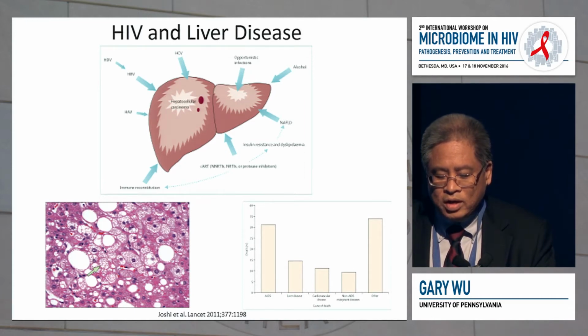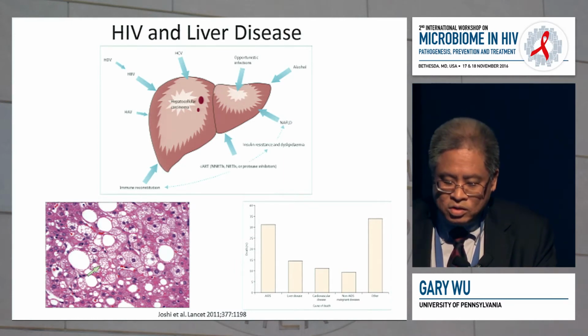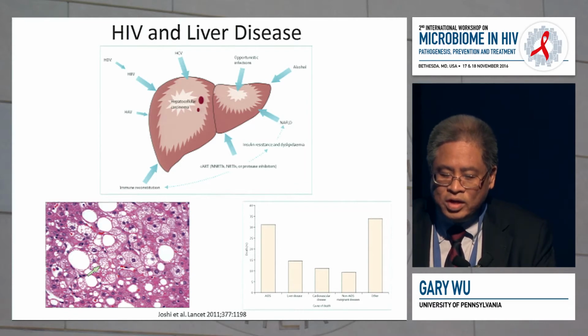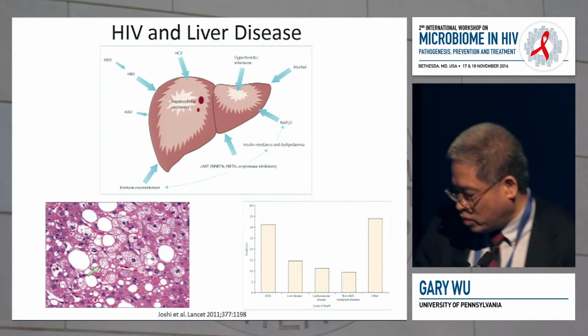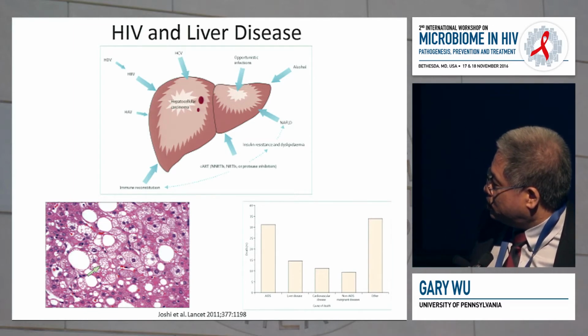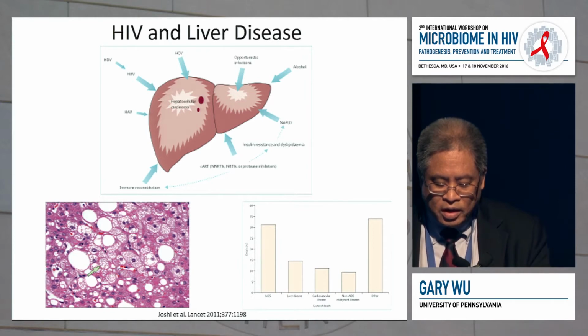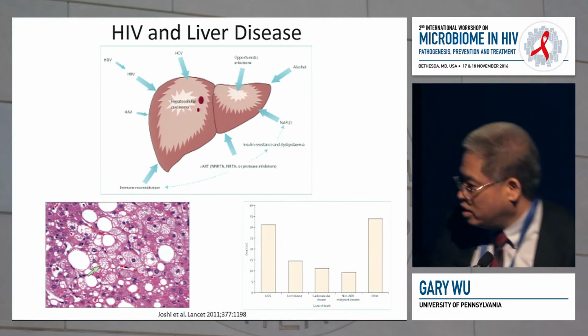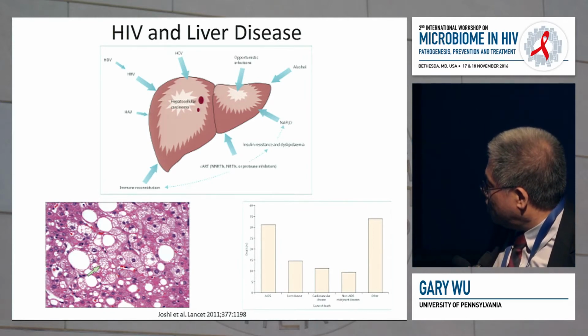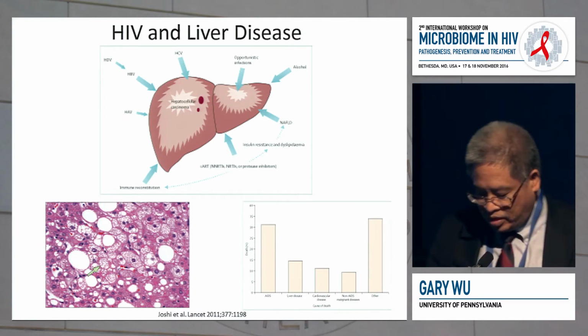But we do know that HIV is associated with liver disease, and protease inhibitors can lead to insulin resistance and lipodystrophy and fat in the liver. So I show you on the bottom right-hand corner here just a picture of macrovesicular steatosis with minimal inflammation, but the burden of liver disease leading to death is actually not insignificant.